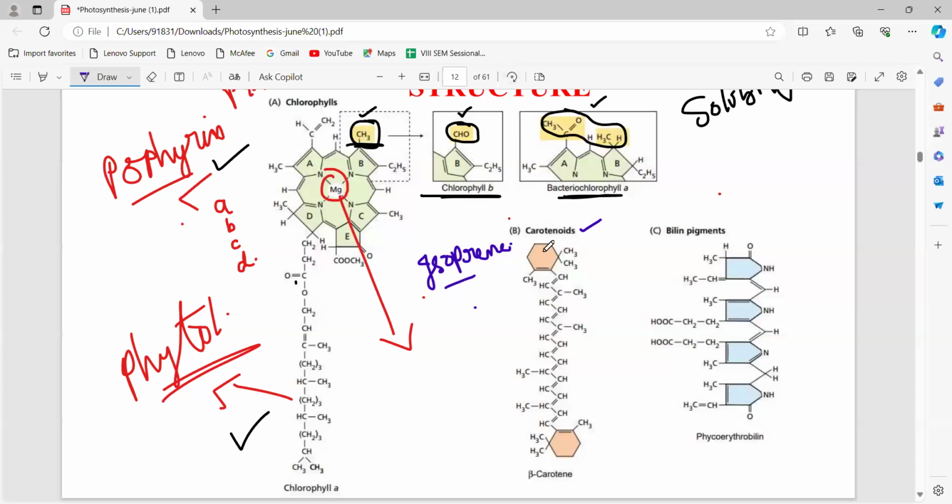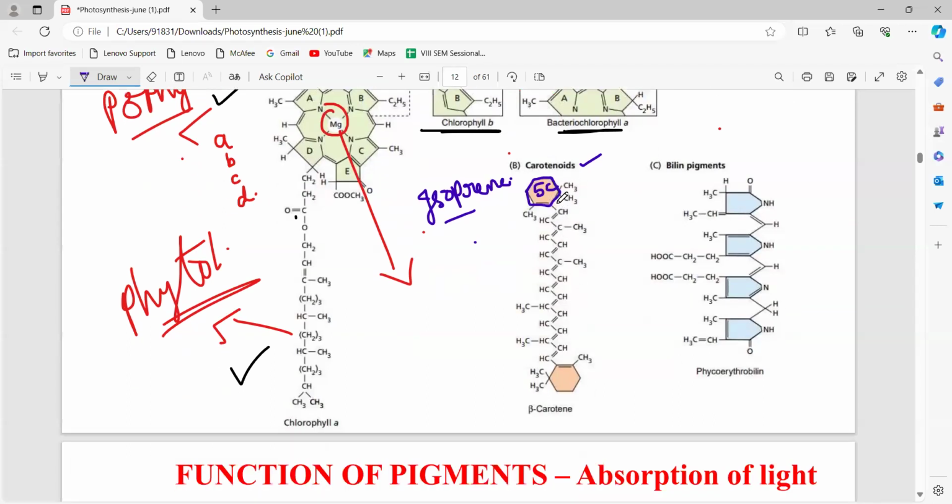Every student remember, isoprene means a 5-carbon containing compound with alternate single bond, double bond, single bond, double bond. So a 5-carbon compound with alternate single and double bonds, we generally call it the isoprene unit. Don't get confused with the point.